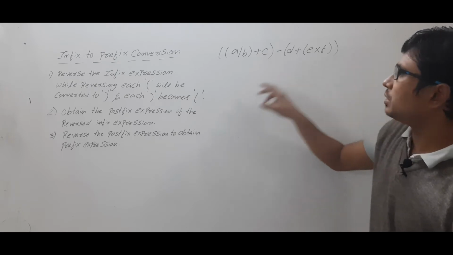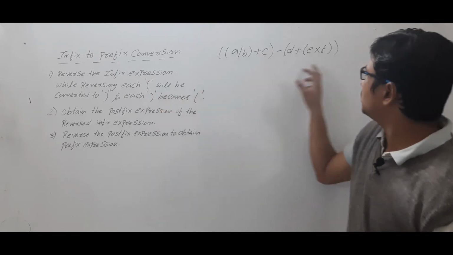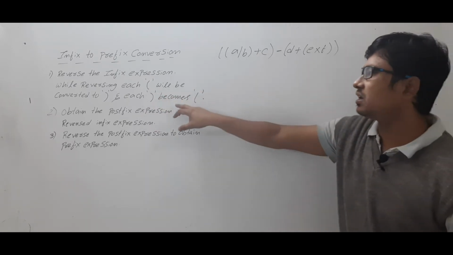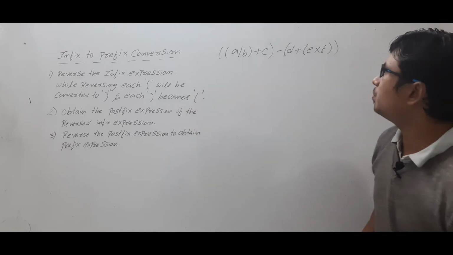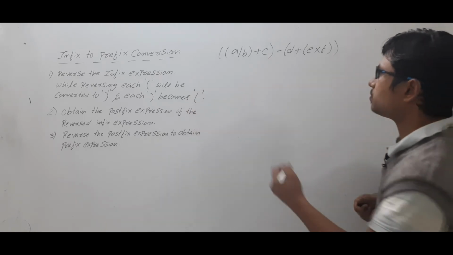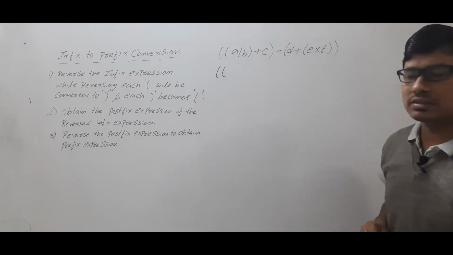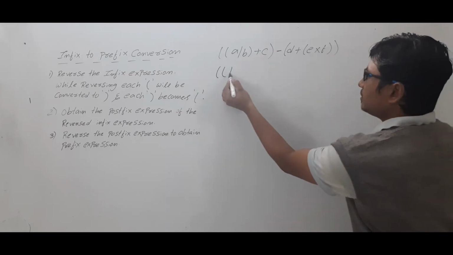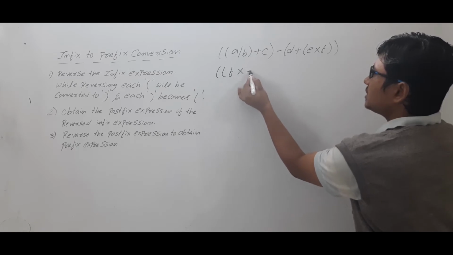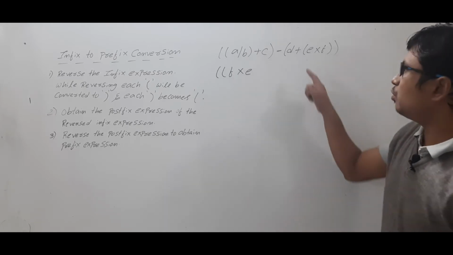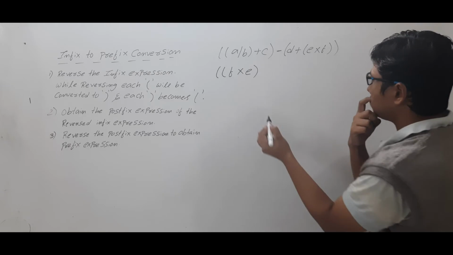Now one more important point. If there is a closed parenthesis, while reversing, it will become an open parenthesis. So you have two closed parentheses, you will get two open parentheses. There is an F, multiplication, E, there is an open parenthesis, so it will become a closed parenthesis.